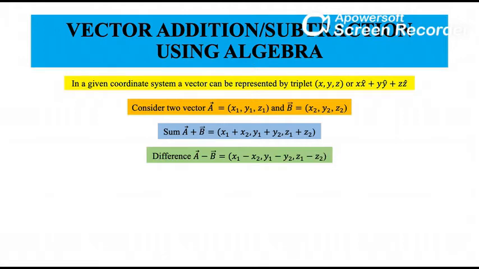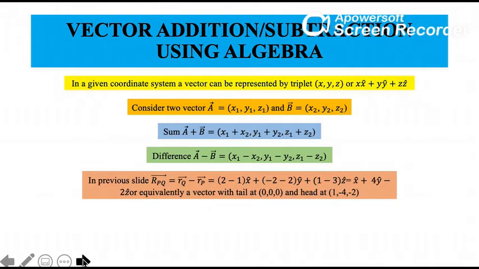So these 3 points define the end point of the difference vector A minus B. Similarly, these 3 points define the end point of the sum vector A plus B. If you go back to the previous slide, R_pq is R_q minus R_p, and you can subtract the individual components like this.